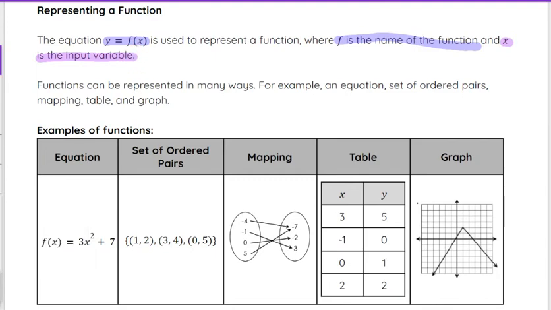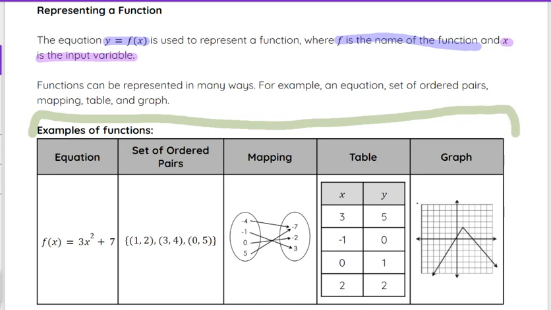Now functions can be represented in many ways. So we can see this entire table here gives us 5 different ways that functions can be represented. For example, we might see an equation, a set of ordered pairs, a mapping, a table, or a graph. Especially with the ordered pairs, the mapping and the table, it's very easy to see which x coordinate maps with which y coordinate.